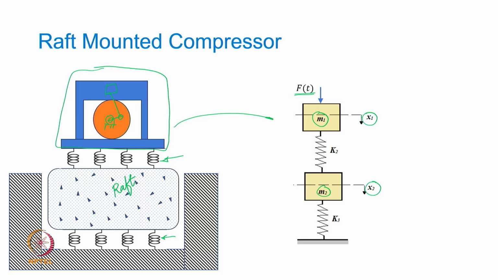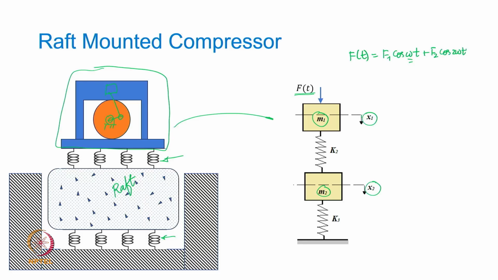obviously this f of t is not going to be harmonic for a reciprocating kind of system. We know that there will be primary and secondary unbalanced forces which are going to have frequencies, let's say, omega and 2 omega, where omega is the rotational speed. So you may have f of t defined as f1 cos omega t, where omega is the rotational speed of the crank, and then f2 cos 2 omega t.